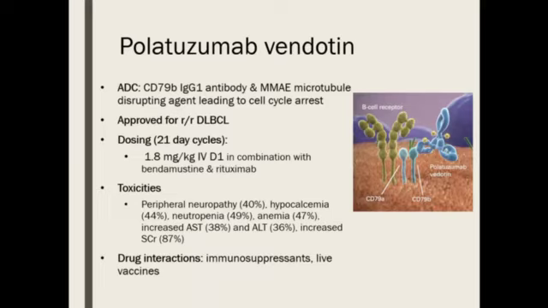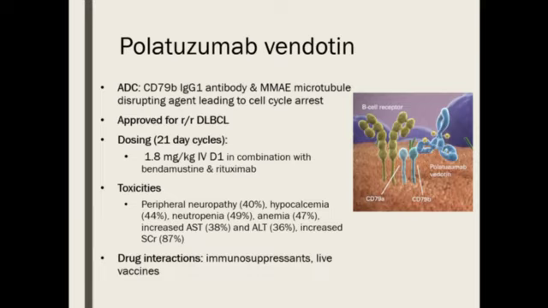It is FDA approved in combination with bendamustine and rituximab, though I will say, in those folks who are not terribly fit, I have seen this medication used as a single agent, despite what the FDA labeling is. So holding the bendamustine and rituximab, because at this point these patients have seen quite a bit of rituximab as well. Toxicities are here on the slide.